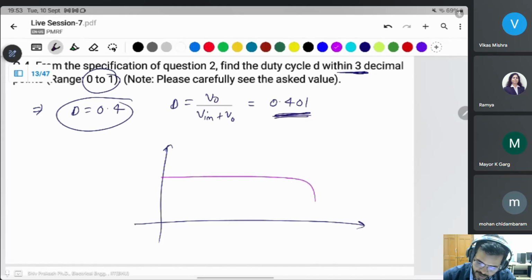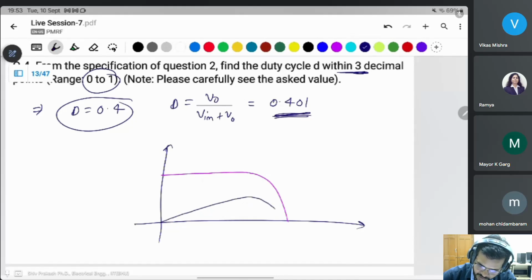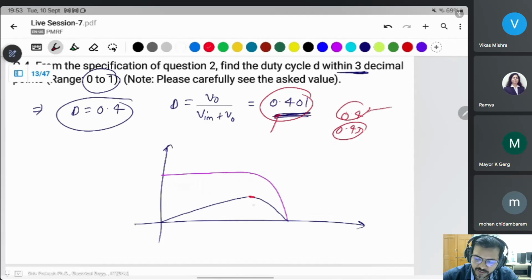If you take the maximum power, this is the maximum power. If you take a more accurate duty cycle, with more decimal places, then the oscillation is small. If you take a lower value like 0.4 or 0.43, with one or two places, there is more oscillation.